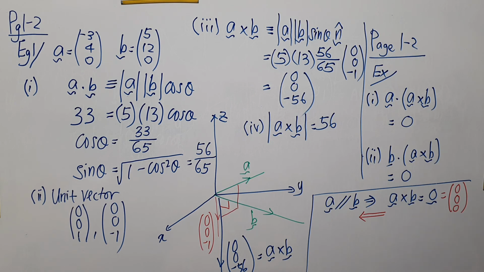So I'm asking you, if A cross B is a 0 vector, does it necessarily mean that A and B are parallel? If two vectors have a cross product of 0, then either they are parallel or one of them is a 0 vector.